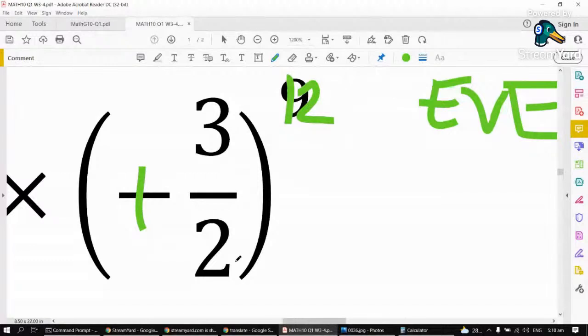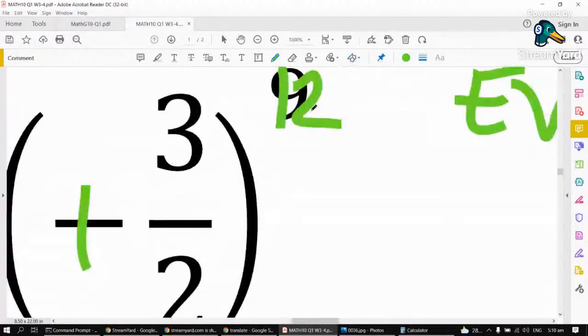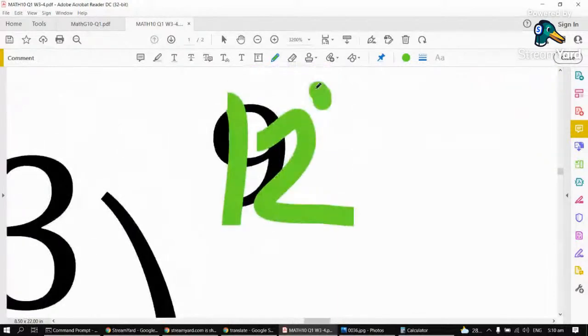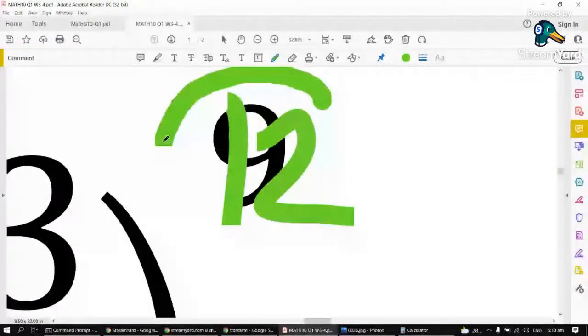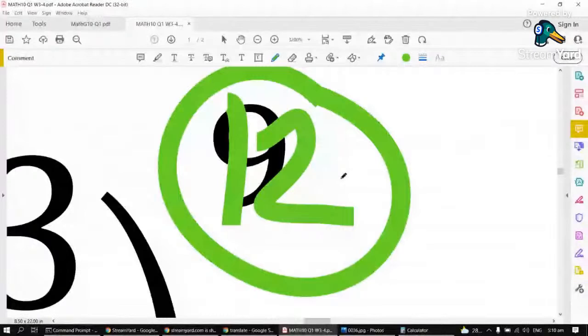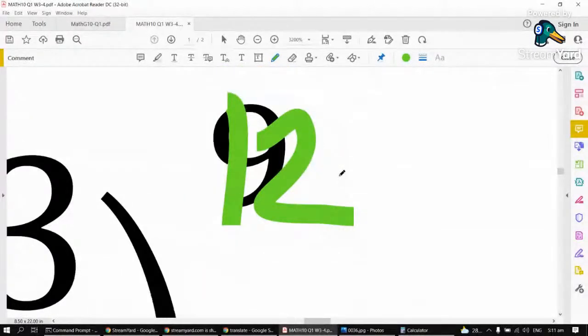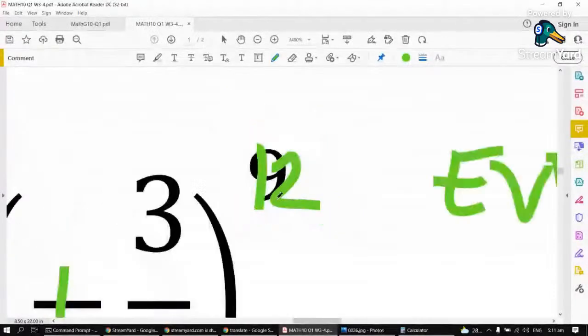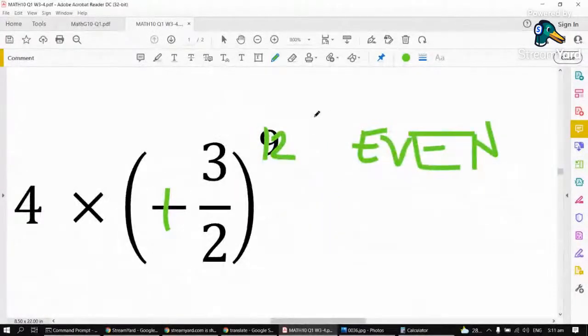So, sa madaling salita, kapag ang exponent is even, 'yung merong kalahati, 'yung pwede nating i-divide ng 2, laging positive 'yung sagot nito.